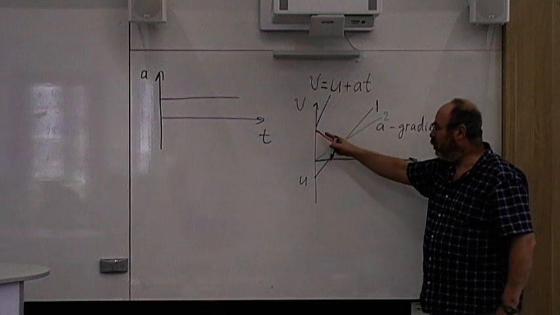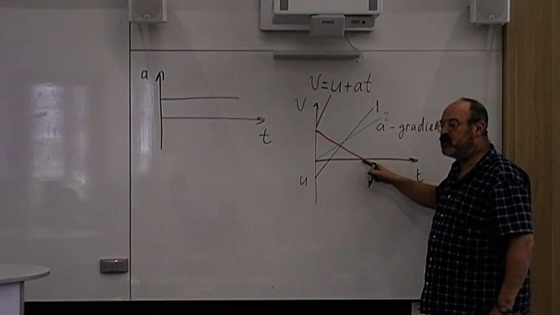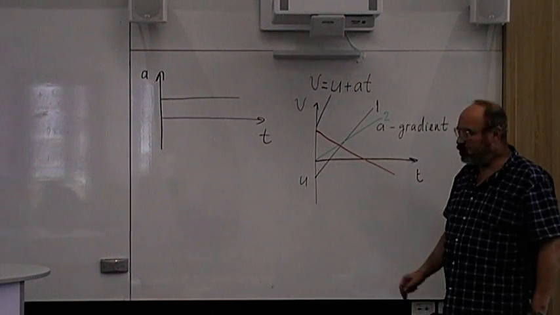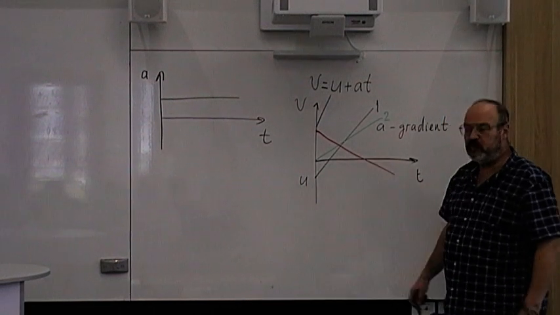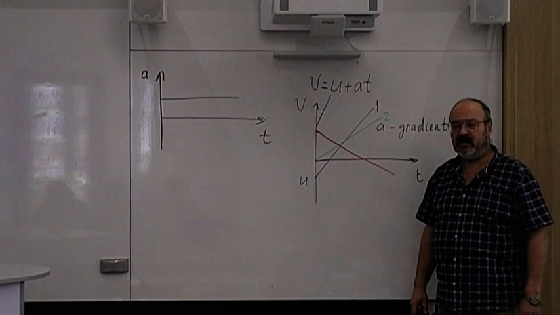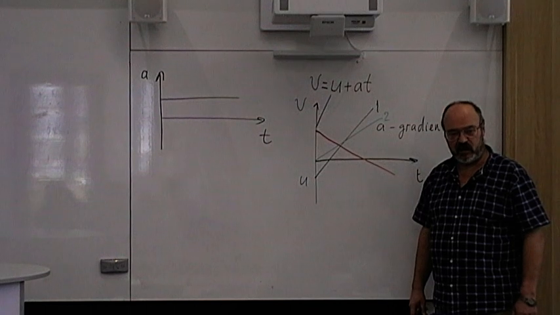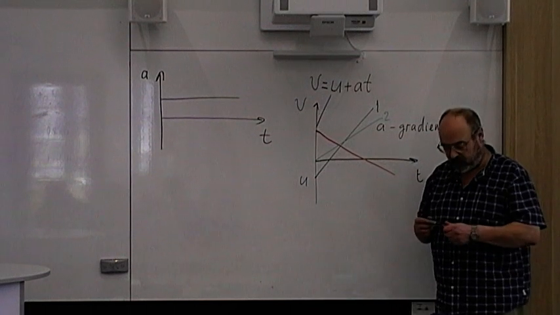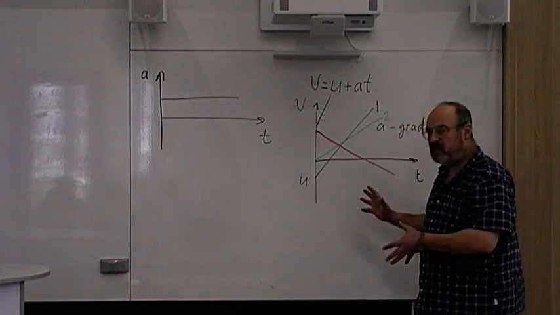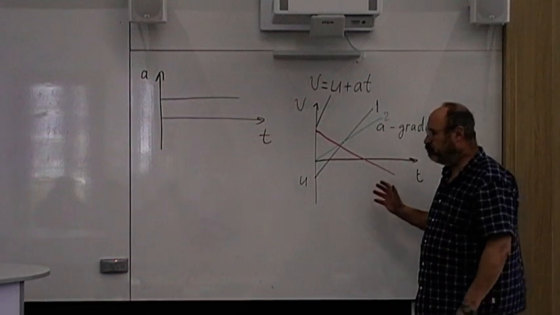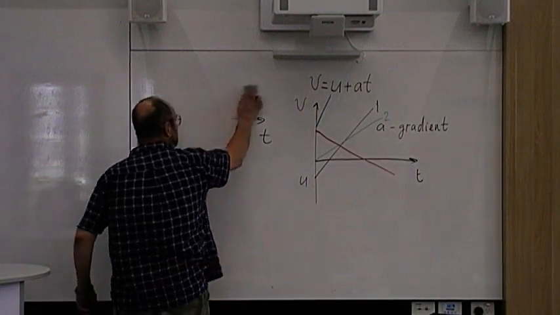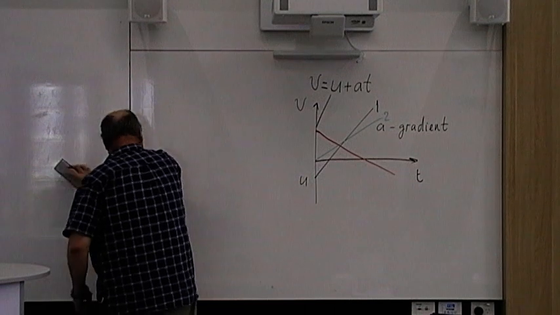It's slowing down and then starts accelerating in the negative direction. It turns around at this point where velocity becomes 0, and accelerates in the opposite direction. Does that make sense? Any questions?